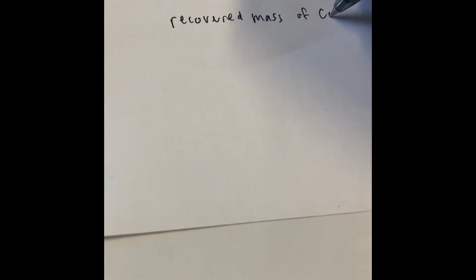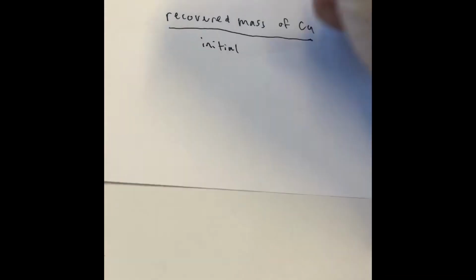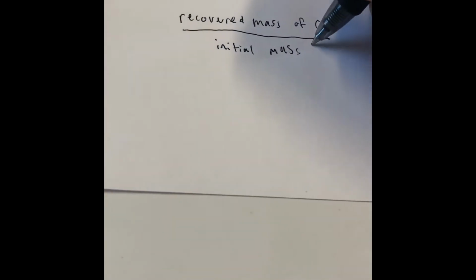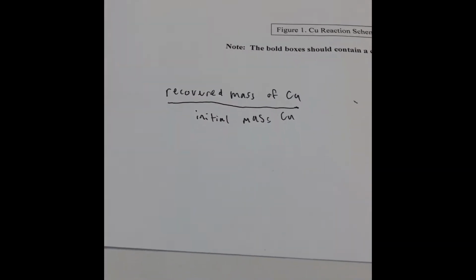So now that we've discussed the scheme, we're also going to calculate the percent yield of copper. We start with the recovered mass of Cu over our initial mass. What my lab partner and I started with is on the bottom, and what we finished with when we measured it the next day is on top. Then we times that by 100%, and that gives us our percent yield.